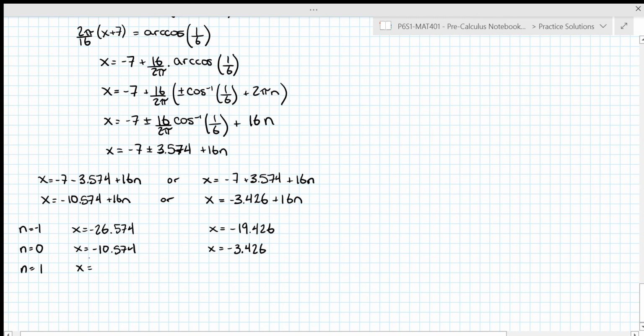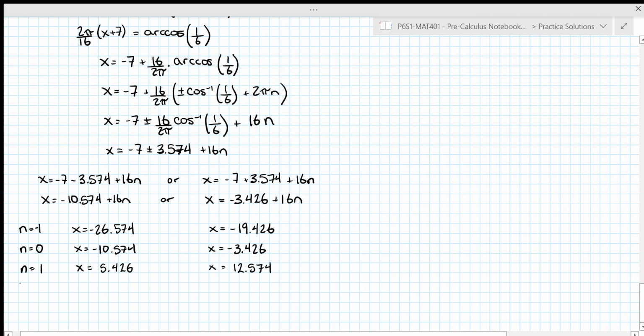It starts at -10 because we had a phase displacement that was back at -7. If I added 16 to this now, though, I would get x is negative 10.574 plus 16 would be 5.426. Negative 3.426 plus 16 would be 12.574.